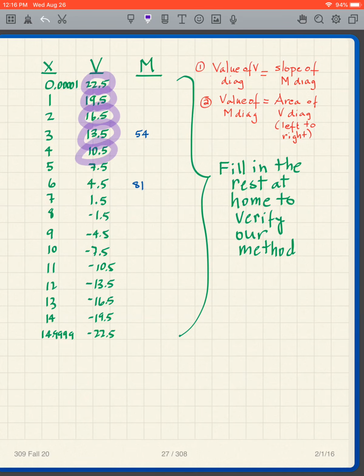It drops by 3 each time, which makes sense because we have 3 kips per foot. You'll see it when you do the calculations. And so what happens is it starts at 22.5, gets lower and lower, and then it hits 0 here, and then it keeps going to negative 22.5. So that's what the shear is at all the different values of x.